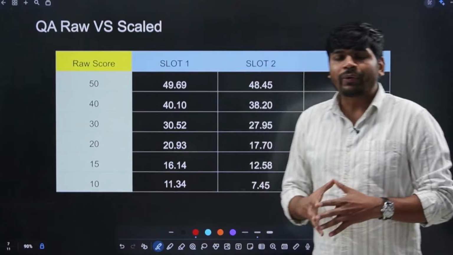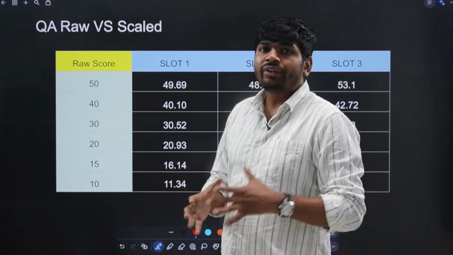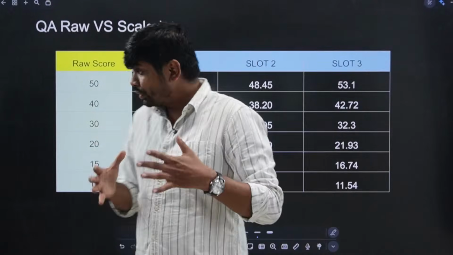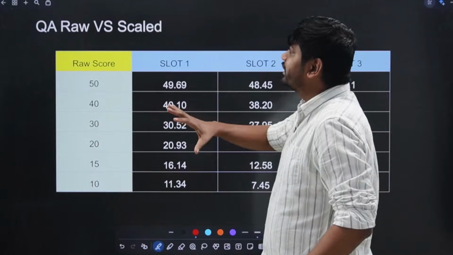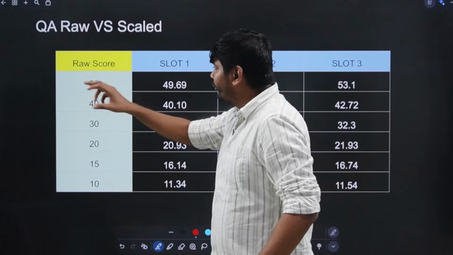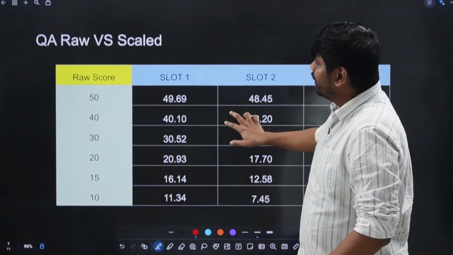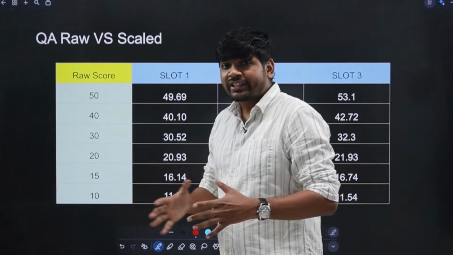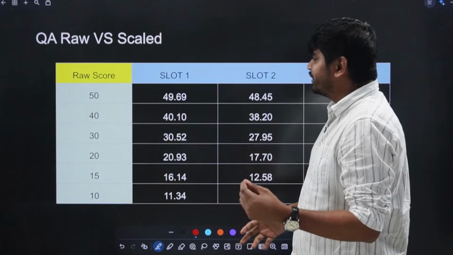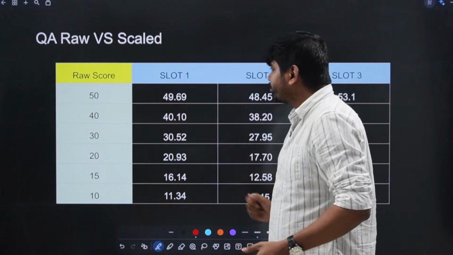Now we will discuss the quant section, how the scaling is affecting your raw score in your particular slot. If your slot is 1, there is a minute change in scaling. If your raw score is 50 in quants, then it is slightly scaled down to 49.69.